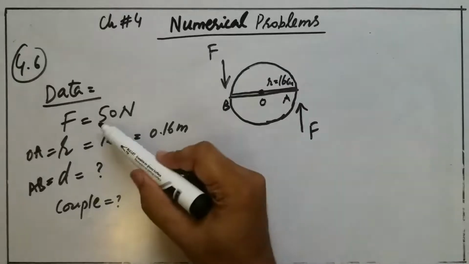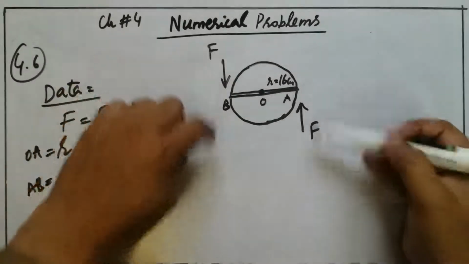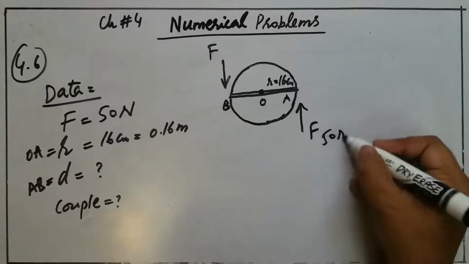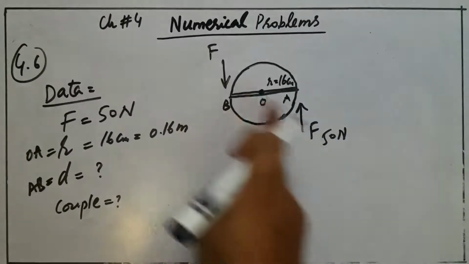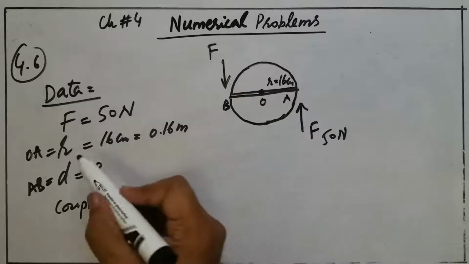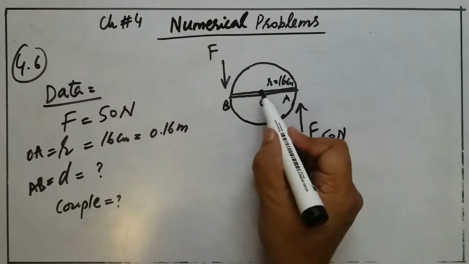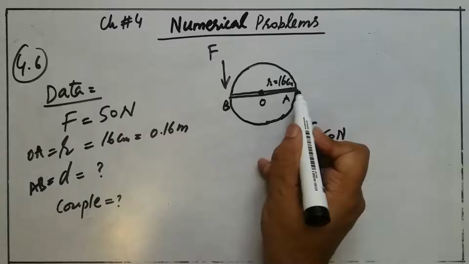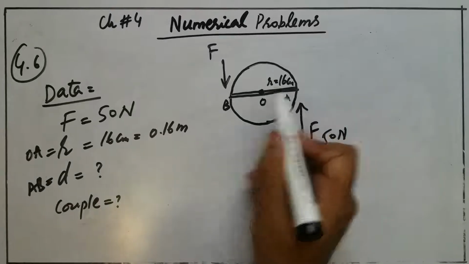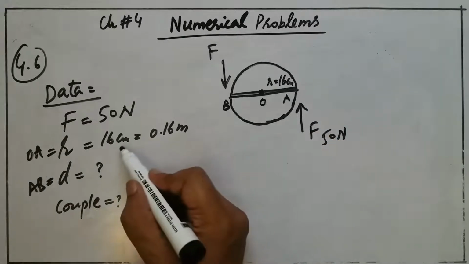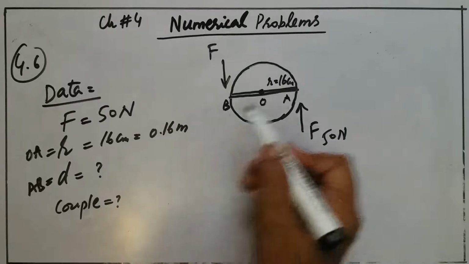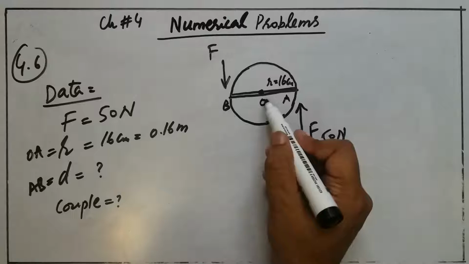According to the data, the force is 50 Newton, so the same force is being applied on both sides, and the direction of both forces is different. The radius is the distance from the center of the steering wheel to the point where the force is being applied. This is 16 centimeter. So to convert to meters, we have to divide it by 100 and the answer will be 0.16 meter. This is going to be taken as OA.